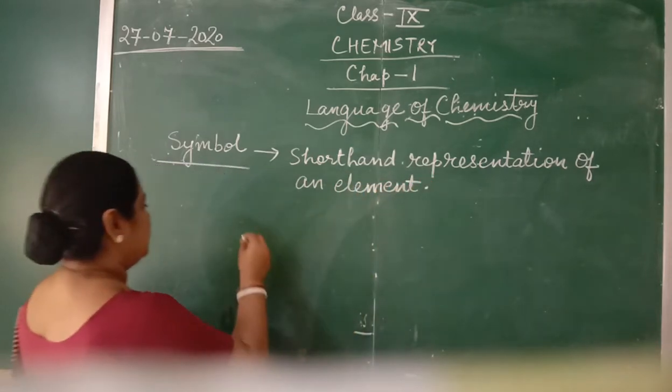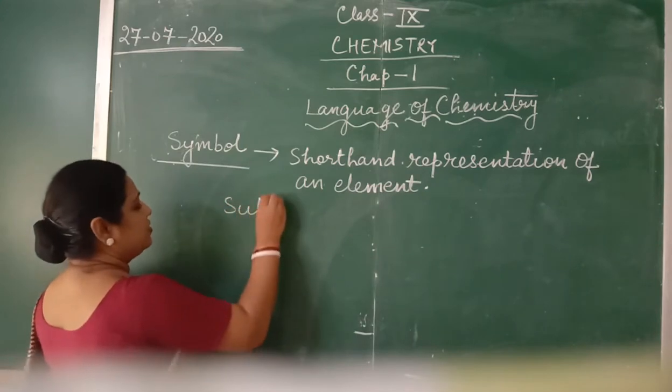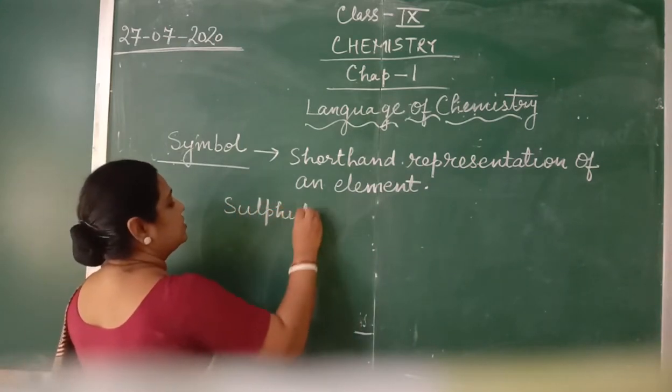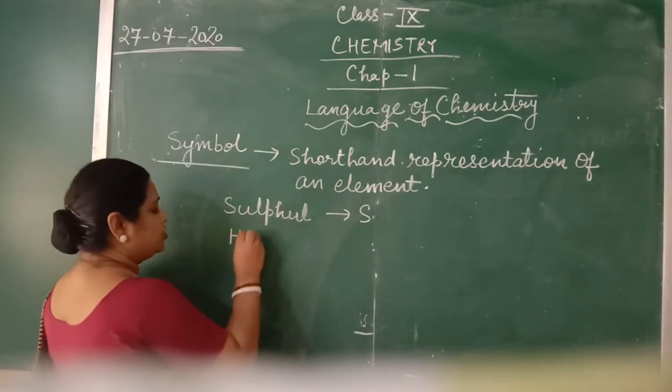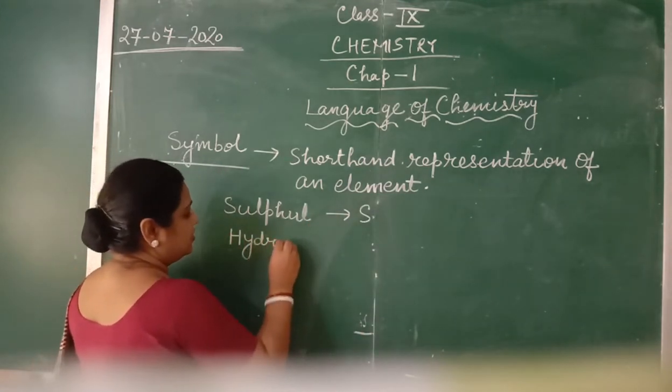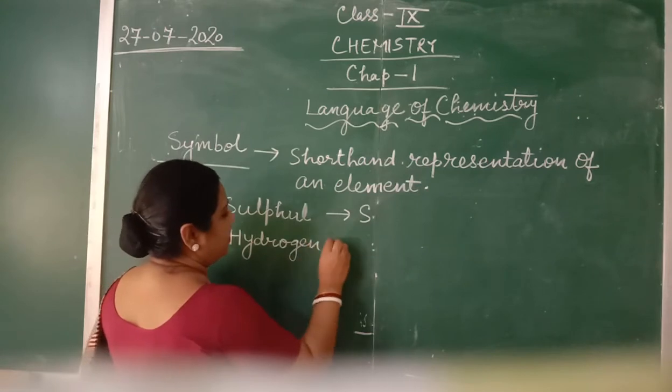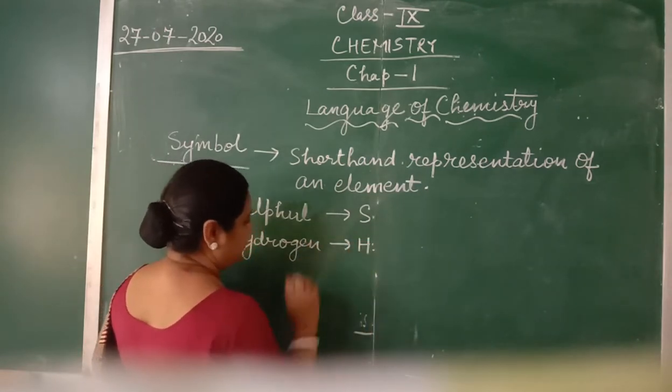Like sulfur, the symbol of sulfur is S. Hydrogen, symbol of hydrogen is H.